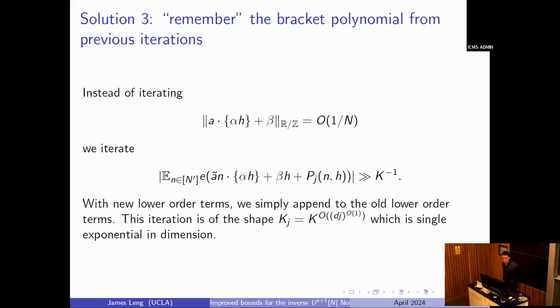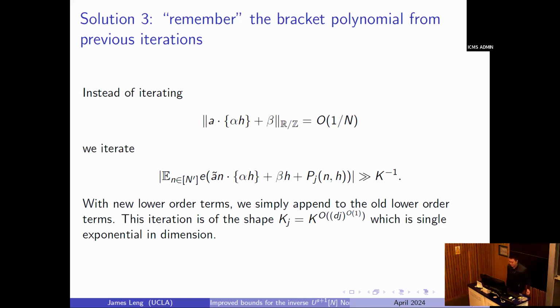And here, the loss in k no longer becomes iterative, in that it builds up from a previous k, because you're remembering this k from the very first step of the iteration.